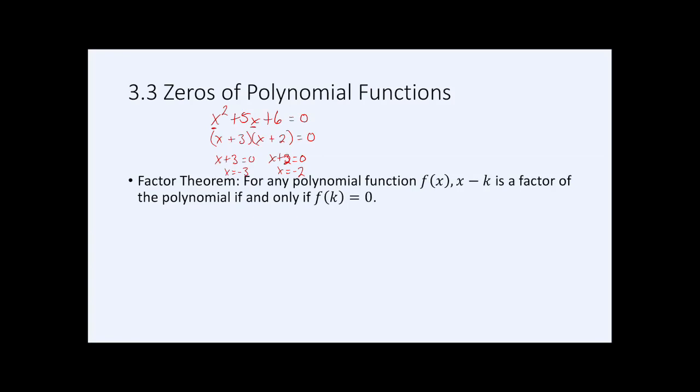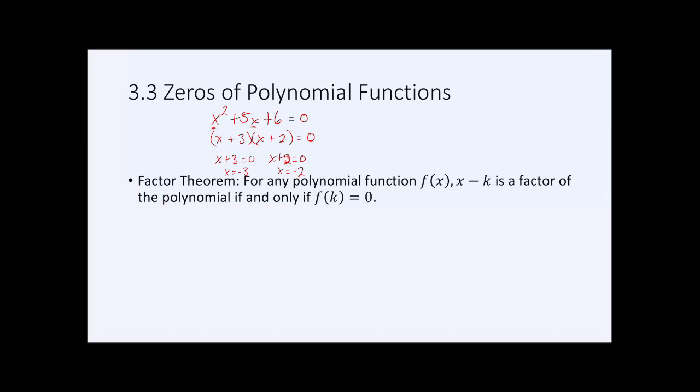Now, the reason all this works together is because if we were to do synthetic division with negative 3, we would find that the remainder is 0. Meaning that negative 3 can be put in place of x in each of these x's, and when you simplify the left side, you get 0, which is equal to the right side.